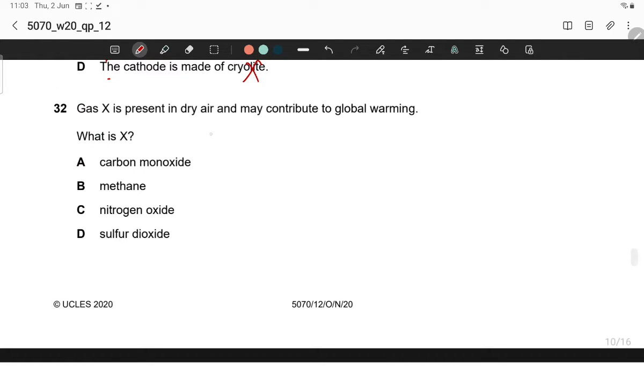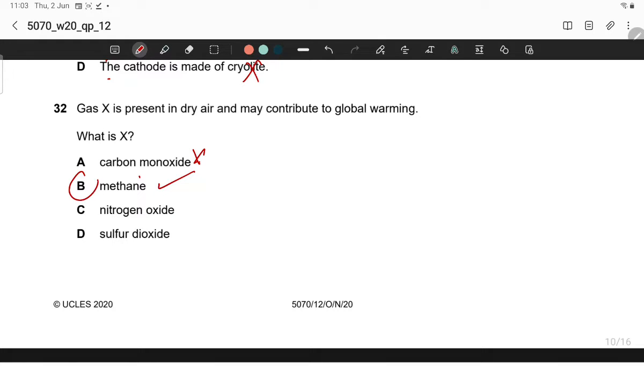Gas X is present in dry air and may contribute to global warming. What is X? Carbon monoxide in air does not contribute to global warming. This is methane gas.